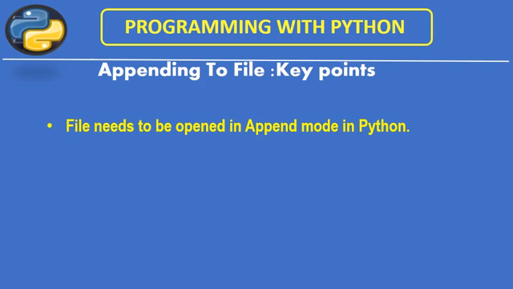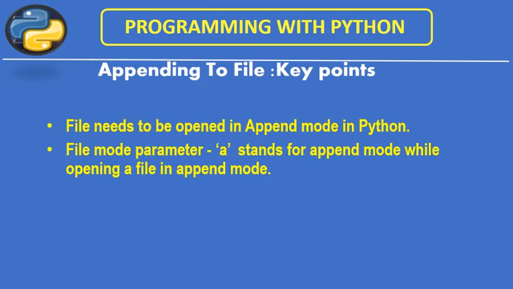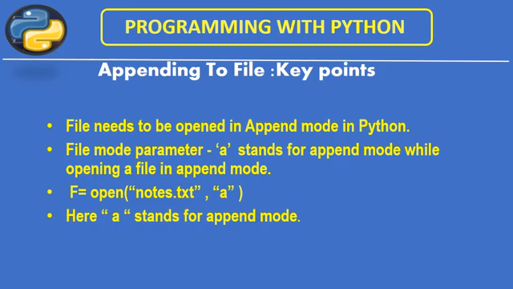For the file mode parameter, you have to pass A in place of W. Previously we were passing W for writing, but this time we will pass A for append while opening the file through the open function. You can see here the example: f equals open notes.txt, A. Here A denotes append mode.